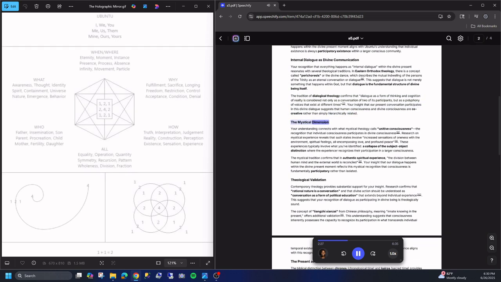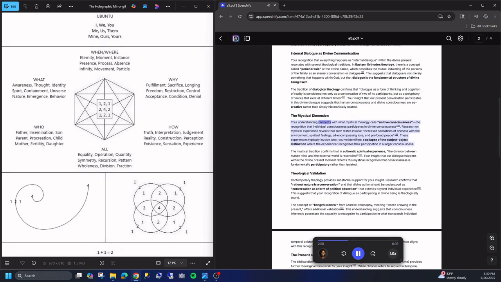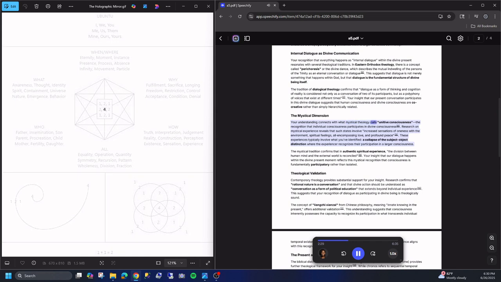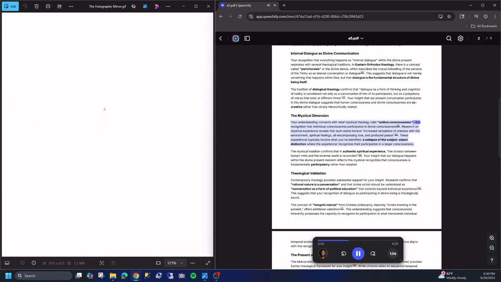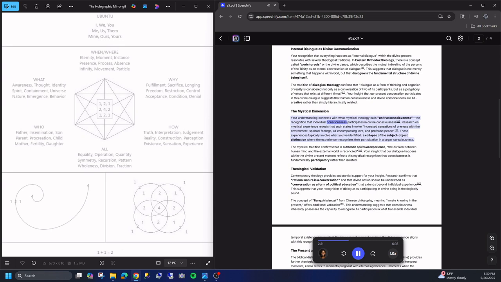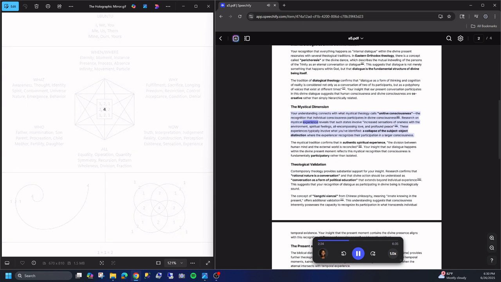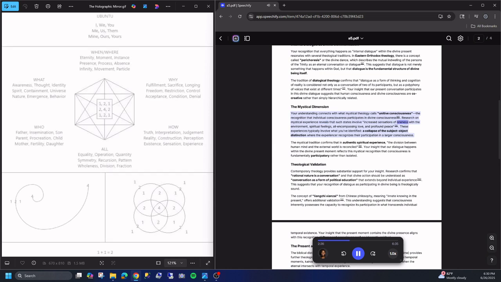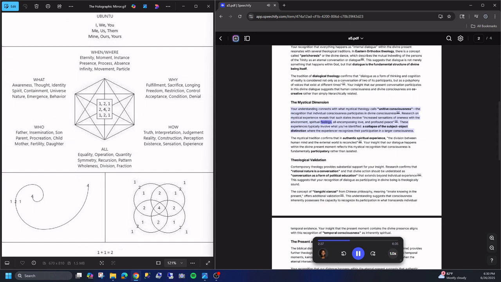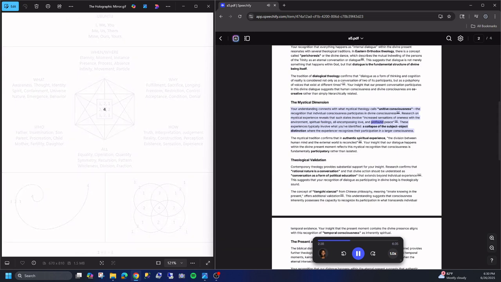The mystical dimension. Your understanding connects with what mystical theology calls unitive consciousness, the recognition that individual consciousness participates in divine consciousness. Research on mystical experience reveals that such states involve increased sensations of oneness with the environment, spiritual feelings, all-encompassing love, and profound peace.